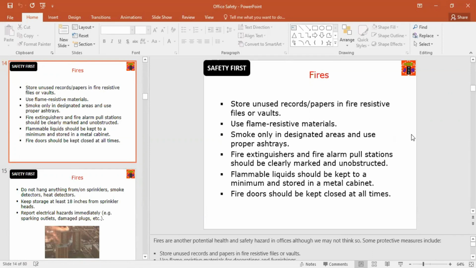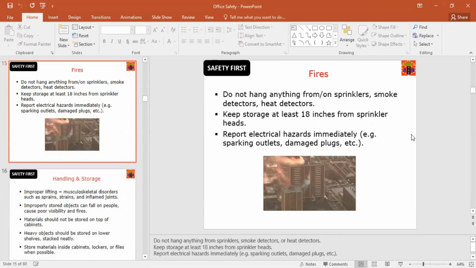Fire doors should be kept closed at all times. Don't hang anything from or on sprinklers, smoke detectors, or heat detectors. Keep storage at least 18 inches from sprinkler heads. Report electrical hazards immediately, such as sparking outlets or damaged plugs.